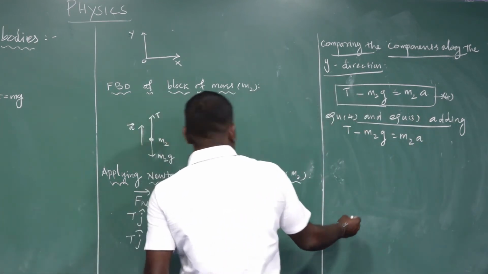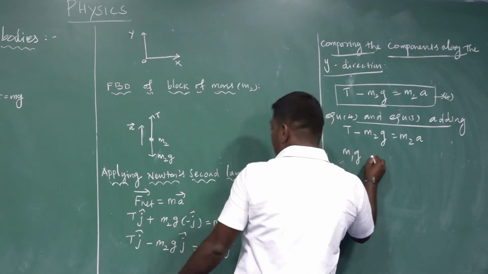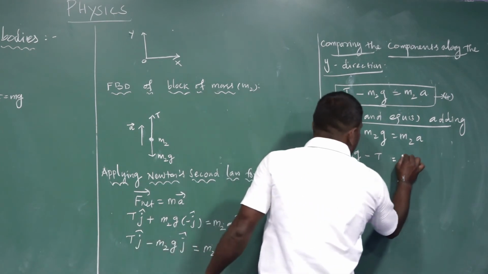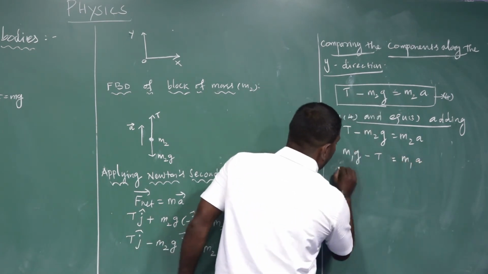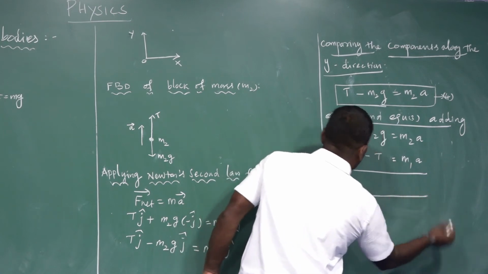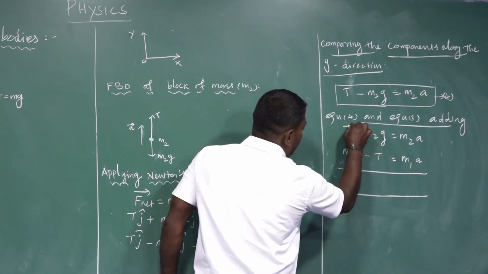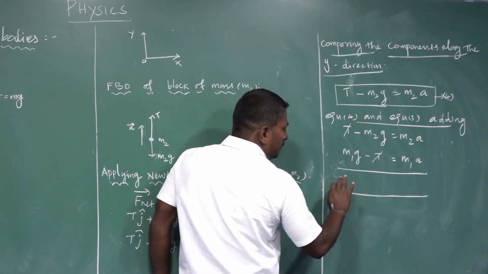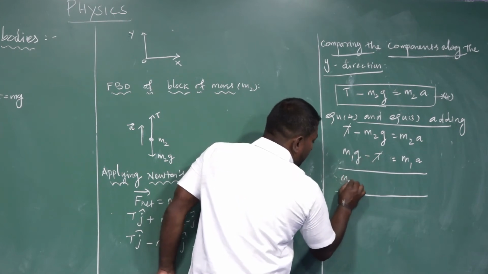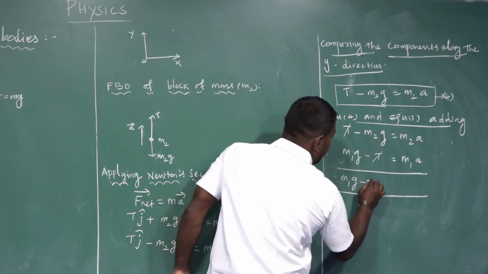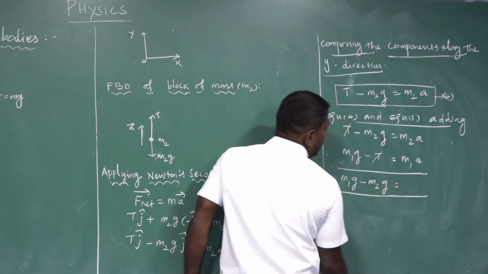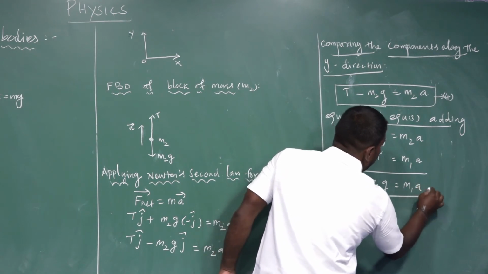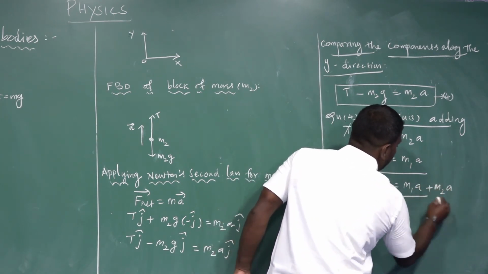Then equation 3: M1G minus T is equal to M1A. So T minus T cancel each other, 0, then M1G minus M2G is equal to, adding these two, M1A plus M2A.